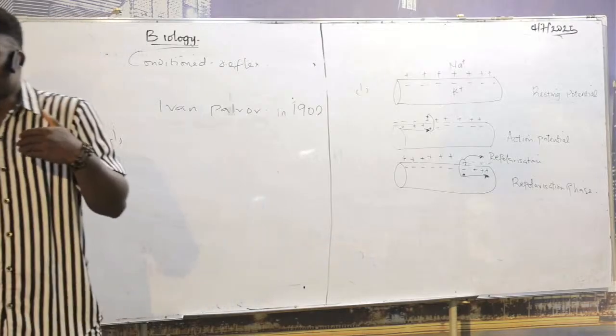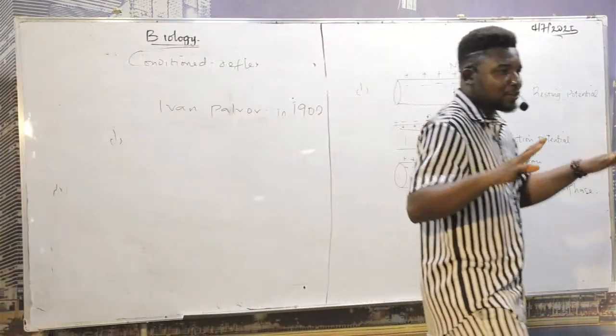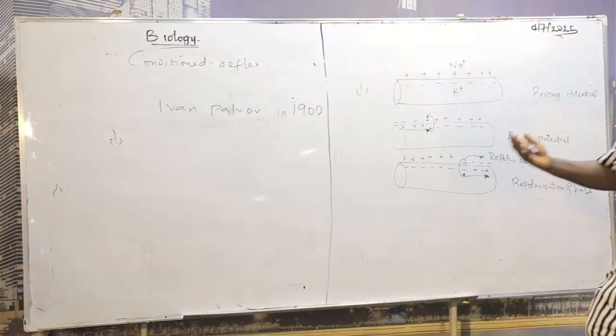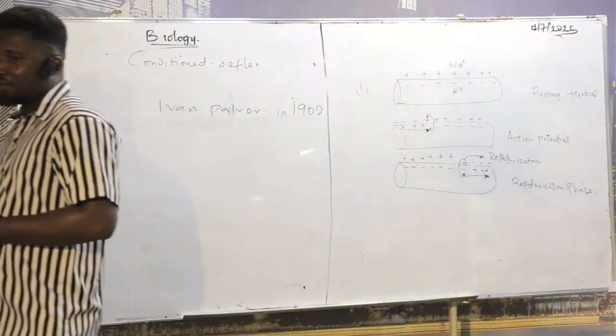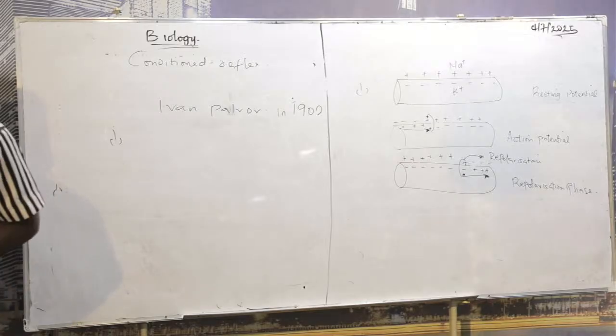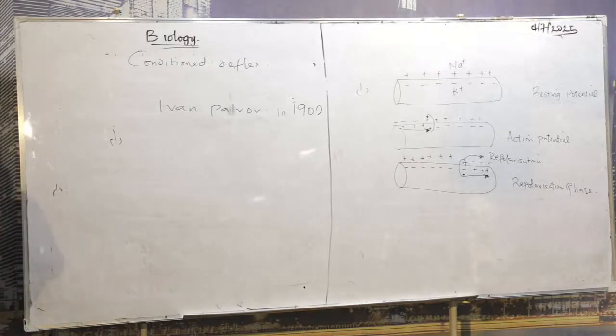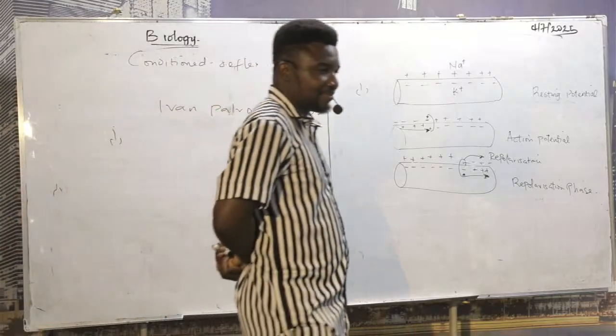Flying. If we are not talking about humans, because every bird will learn how to fly before it starts flying. Although flying is part of it. Conditioned what? Reflex. Any other one? Salivating. Jumping, yes. Leaping.